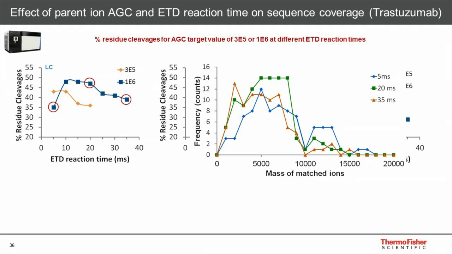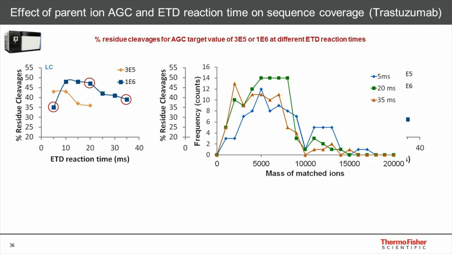Also, what we looked at is when I select these 3 reaction times, and I match those ions, those are the ones that correspond to cleavages for my sequence. When you use 5 milliseconds, the matched ions are at higher mass. And when I go to 35 milliseconds, I create a lot smaller pieces.